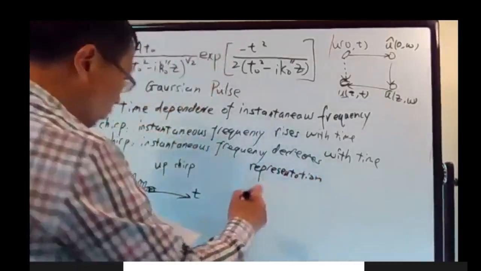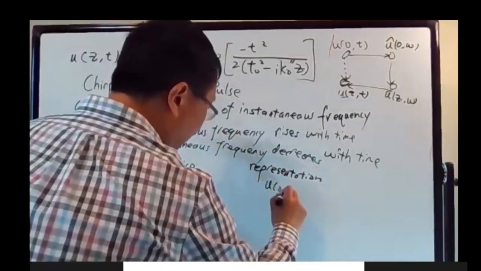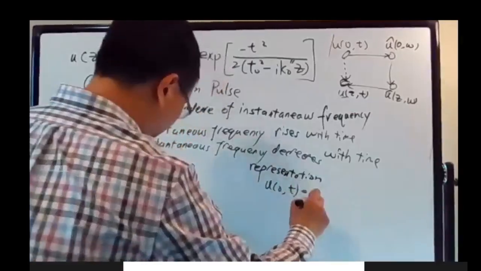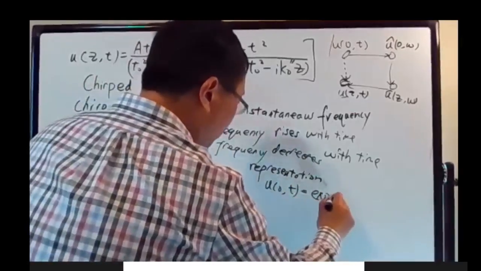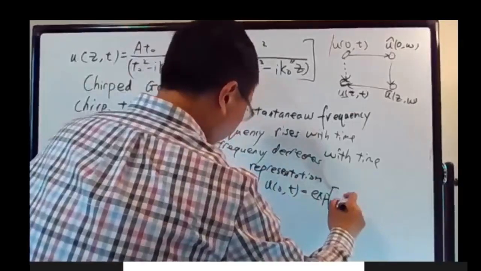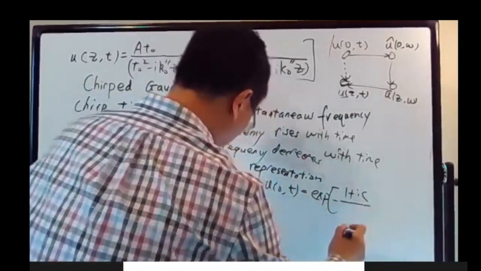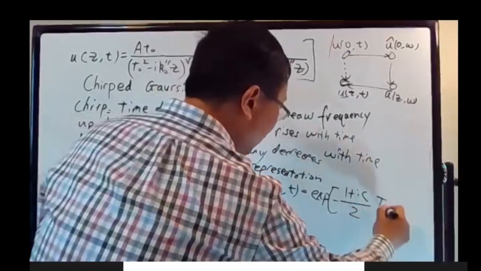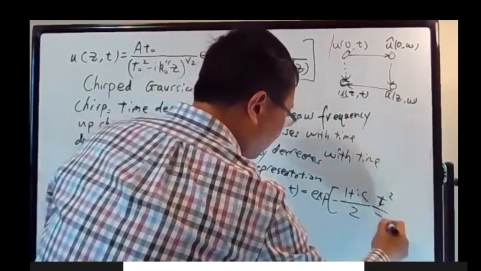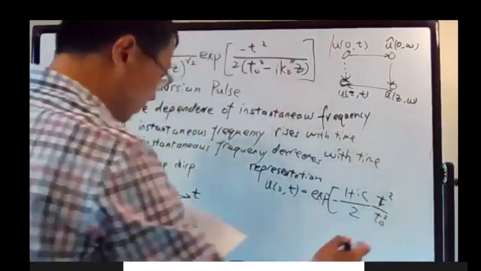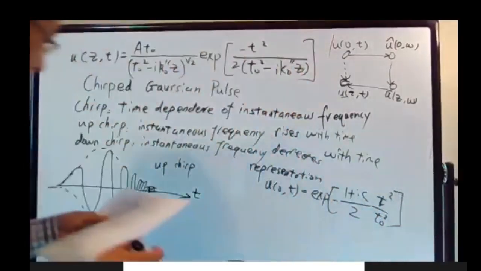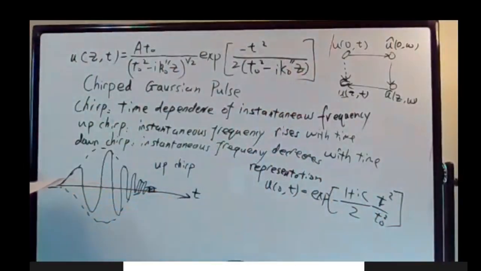We can also write this as U0(T) as exponential of negative (1 plus iC) over 2, times T squared over T naught squared.